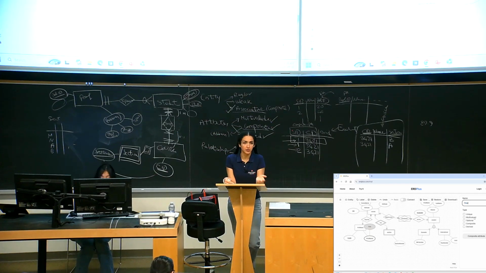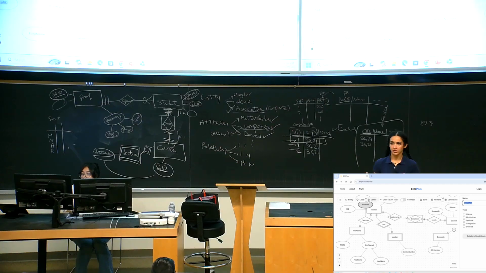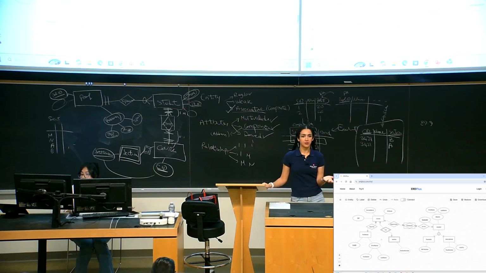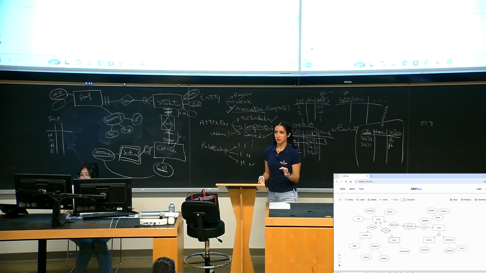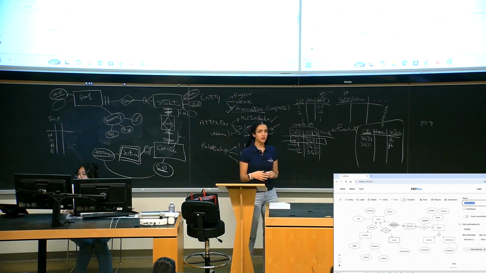Well, I'm talking about your assignment 1. For assignment 1, I asked you to draw an ER model for an online flower shop. I give you the link to the flower shop, and I want you to do reverse engineering. What does that mean? You go to the website and see what functionalities are available. For example, you can browse the catalog of flowers, and there are different types of flowers.